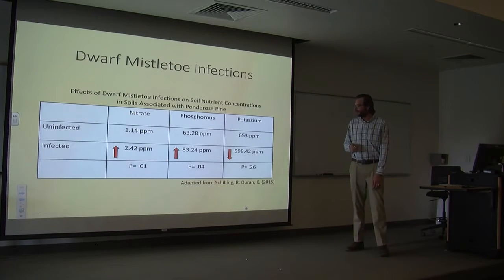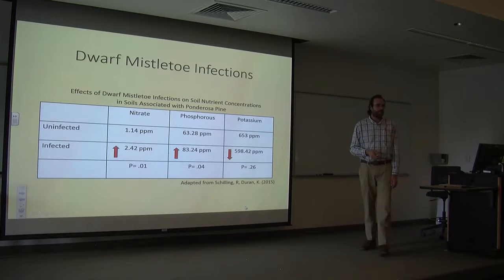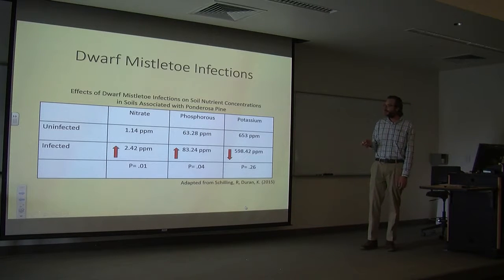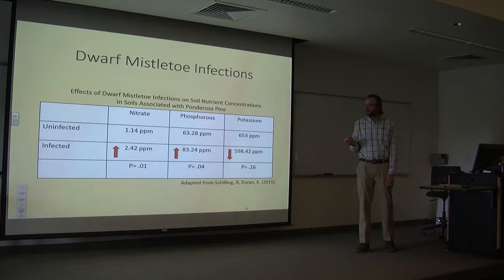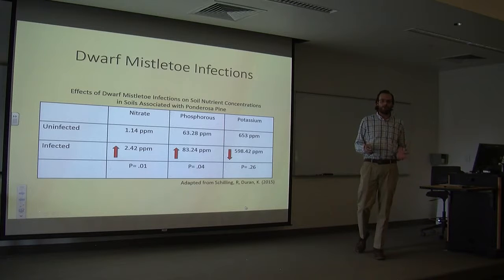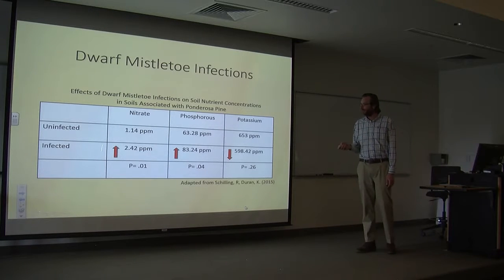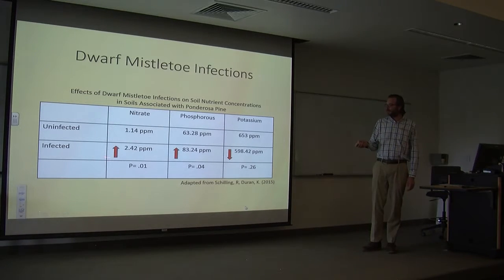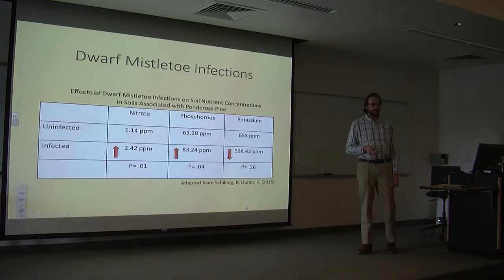In 2015, Dr. Duran and Ryan Schilling did a study of dwarf mistletoe infections on nutrient concentrations in soils associated with ponderosa pine. And what they found was that infected soils had increased nitrates, increased phosphorus, and slightly decreased potassium concentrations.